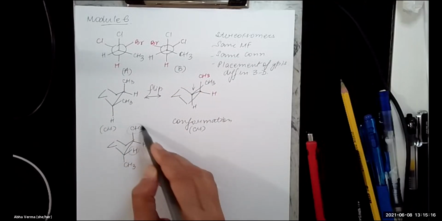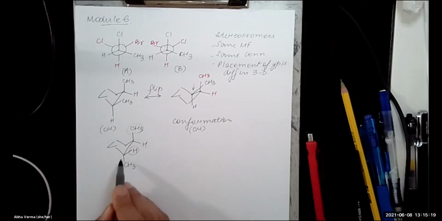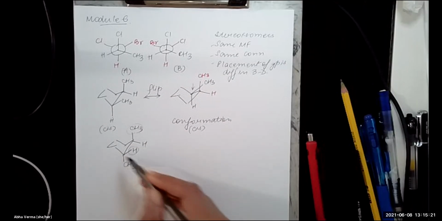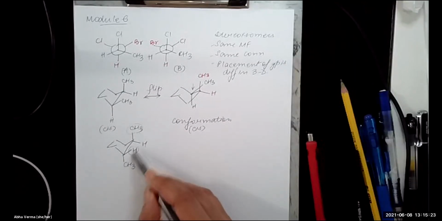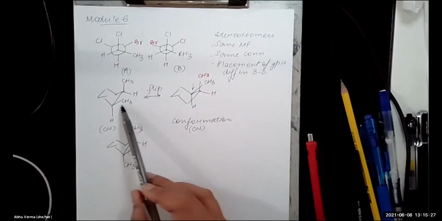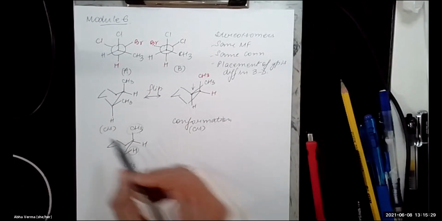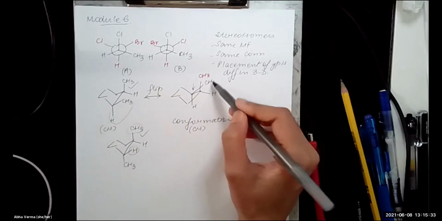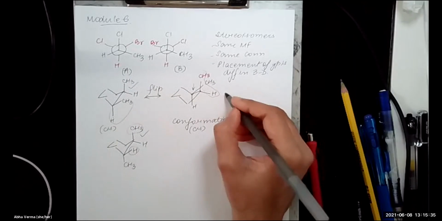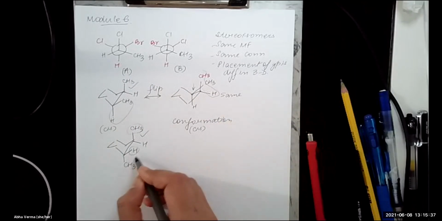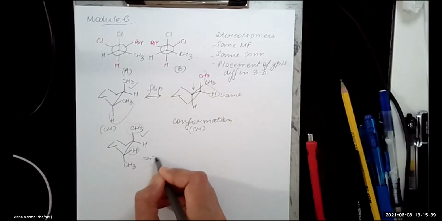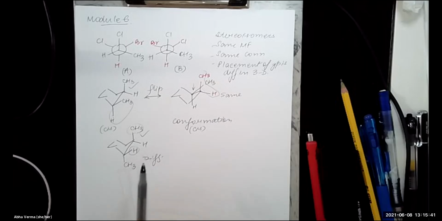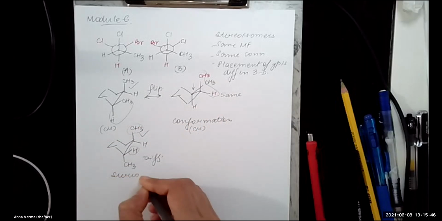Now this H and CH3, I have switched the positions of these relative to each other. I did not switch the position of these. This is exactly the same, but these locations I have kept the same. But now I have made these a different location. So these are stereoisomers.